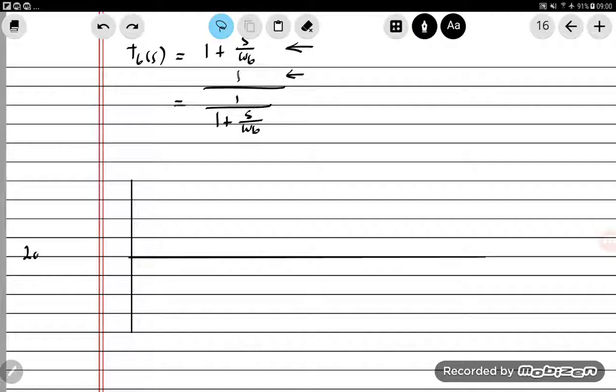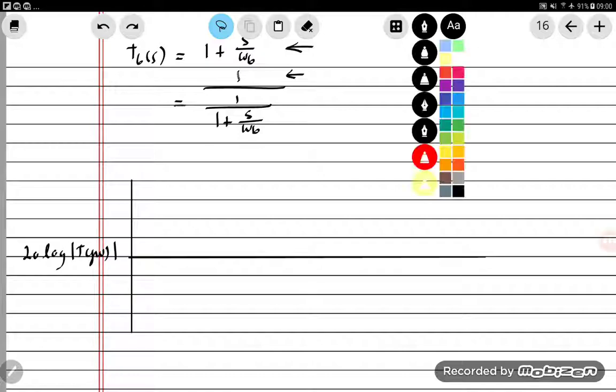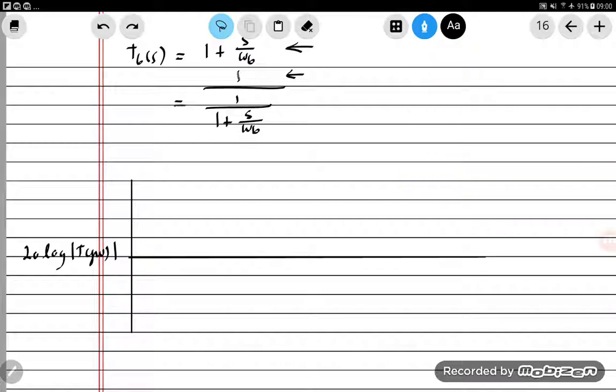Okay, so this is decibels. We know for the constant 1, the magnitude is a constant 0 decibels.